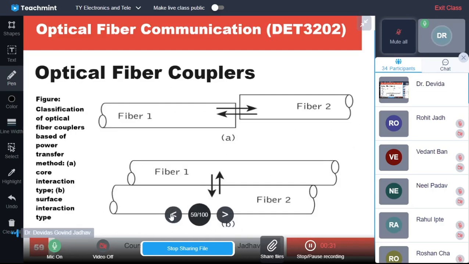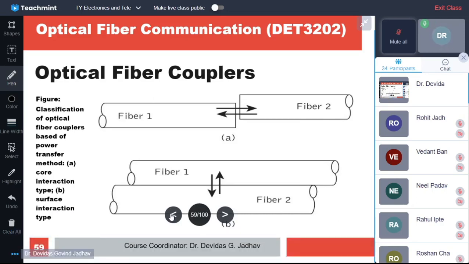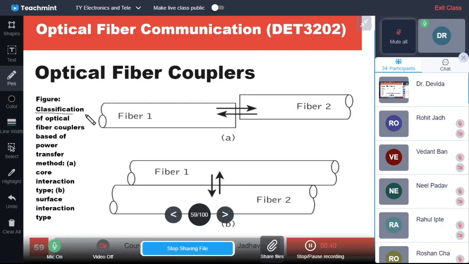So optical fiber couplers basically have two types. There is a classification of optical fiber couplers based on the power transfer method, how the optical power is transferred from one fiber to the other fiber.